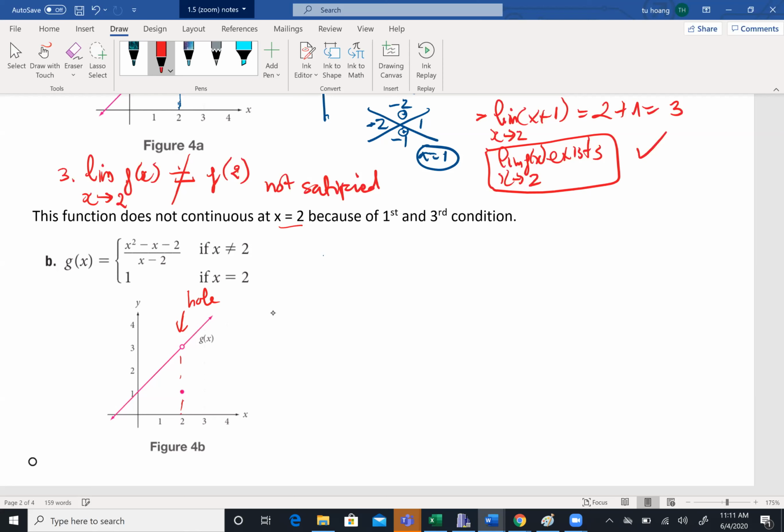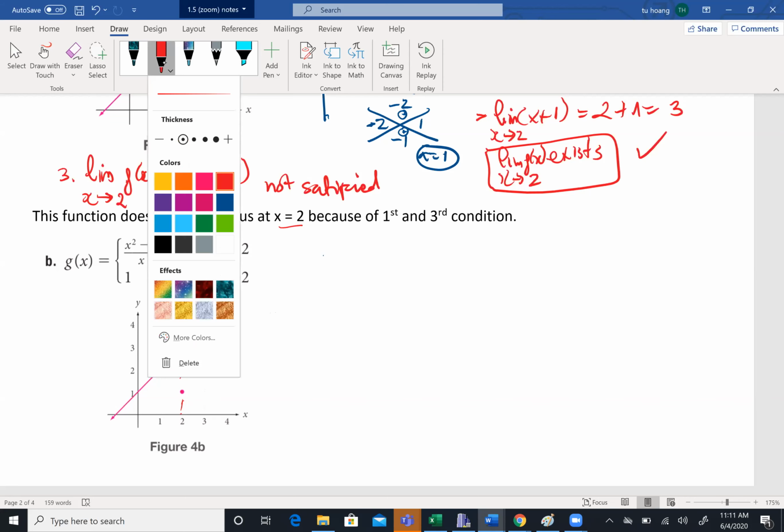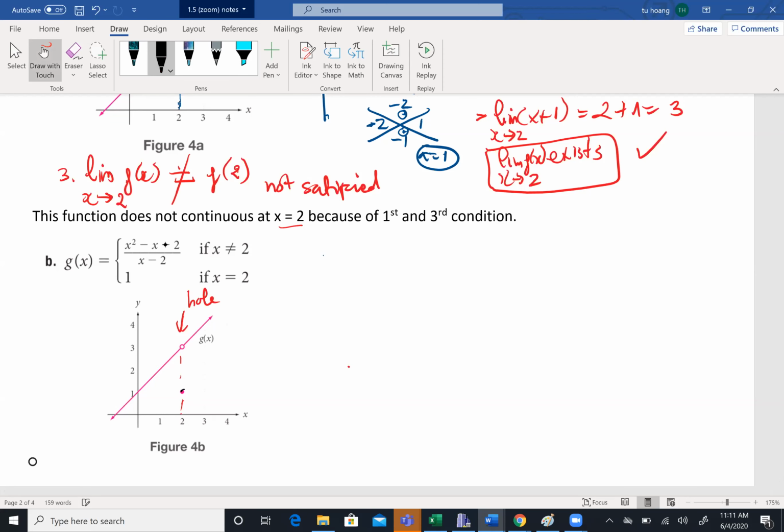Even though there is a value of f(x) at x equal to 2, there's a value here, right? But since you see the graph, there's a hole, and there's a jump, right? So I can just say right away, not continuous.